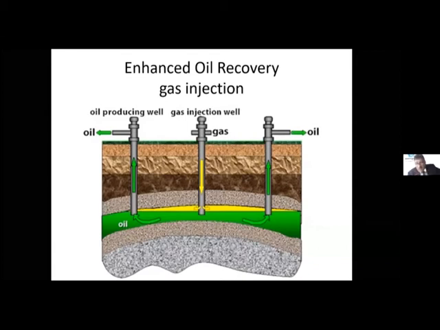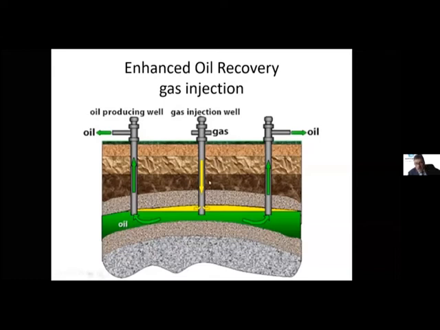Natural gas is recommended. Don't inject CO2 in this yellow area. Don't inject nitrogen in this yellow area because you will contaminate it. You will lose the heating value of it. Not good. But inject natural gas, maybe LPG, yes, maybe. But don't inject nitrogen or CO2. Not allowed.